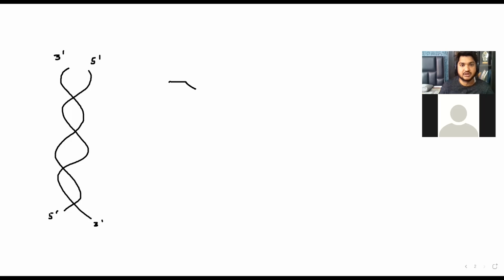Just give me one minute. Erwin Chargaff came and said that adenine always connects with thymine, right? Now I am going to show you the nucleotides in the DNA so that you can see this structure very clearly, and I can show you how the bondings are usually there.